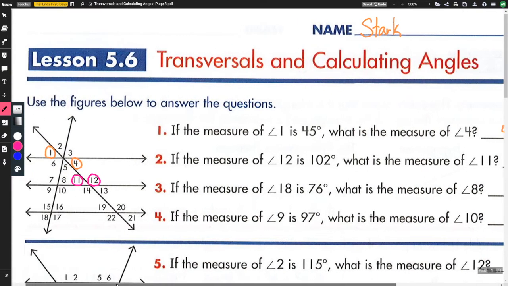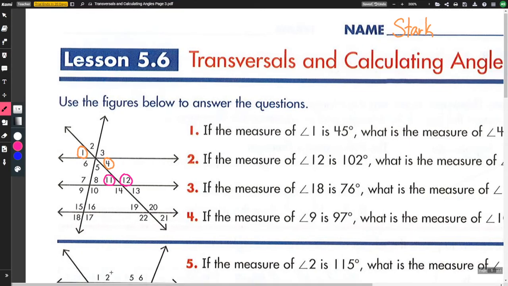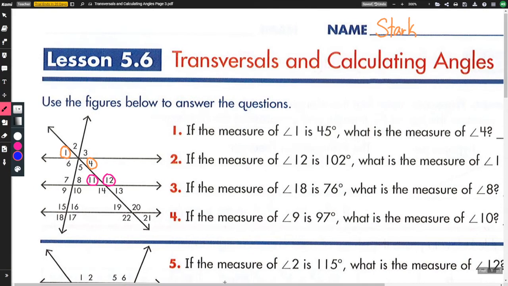Okay, number 3. If angle 18 is 76, what is the measure of angle 8? So here's 8, here's 8.